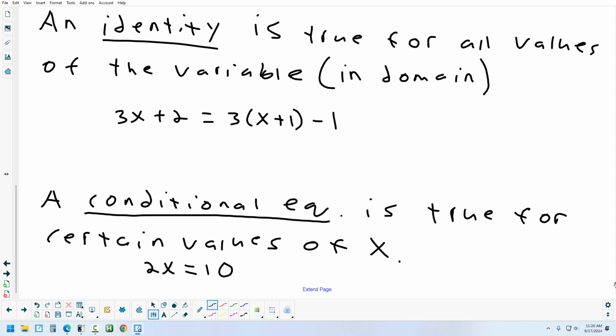I think we already talked about those the first day, different kinds of equations. So any question on the difference between an identity and a conditional equation? Okay.